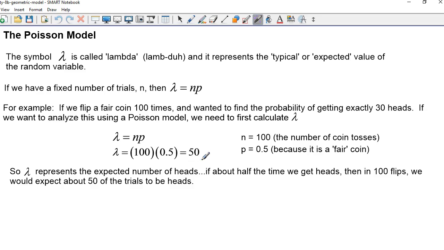If about half the time we get heads, then in 100 flips we would expect about 50 of the trials to be heads. So that's what lambda means. It's the typical value, and if we have an n and a probability p, we just multiply those two to find the expected value.